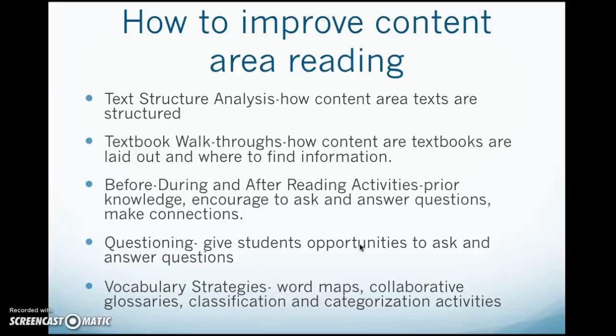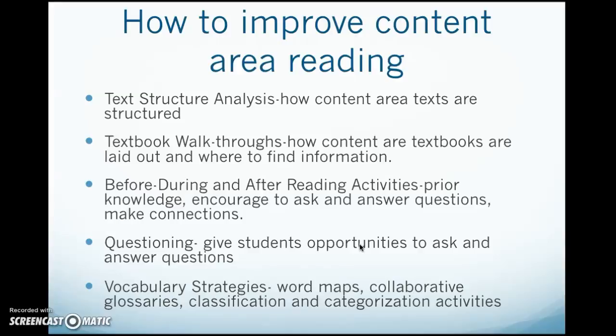So some ways to improve content area reading: text structure analysis, how content area texts are structured; textbook walkthroughs, how content and textbooks are laid out and where to find the information; before, during, and after reading activities. This would be prior knowledge, previewing, encouraging students to ask and answer questions and make connections to the text; questioning, giving students opportunities to ask and answer questions.